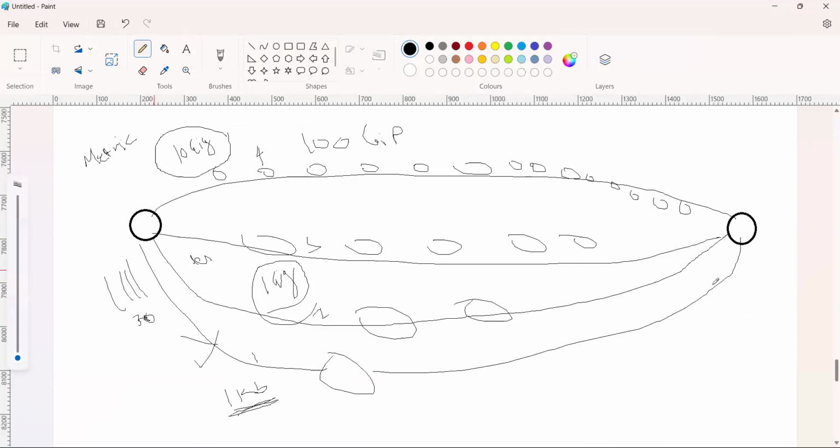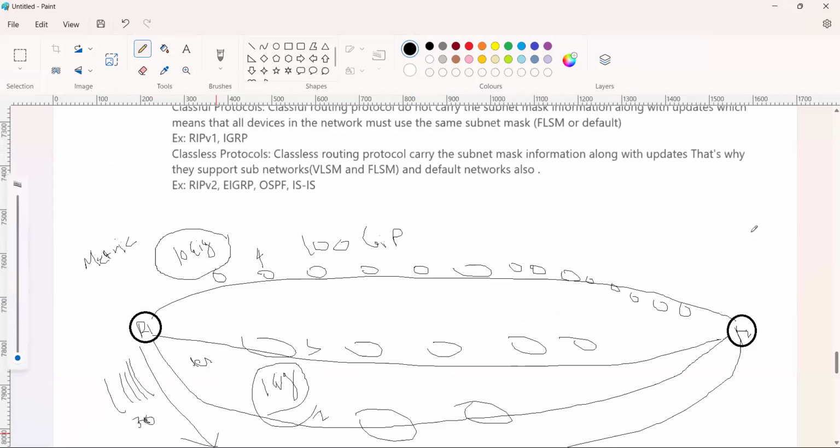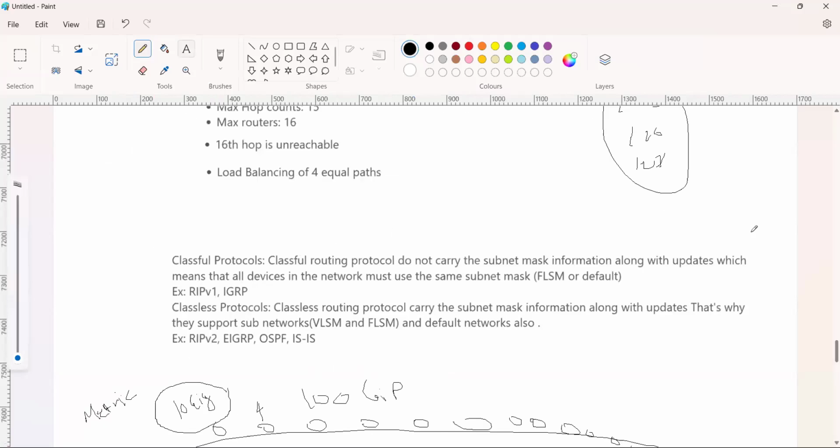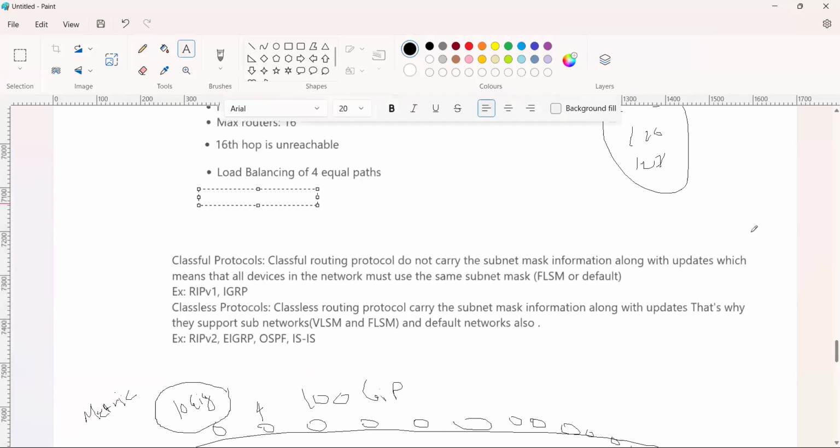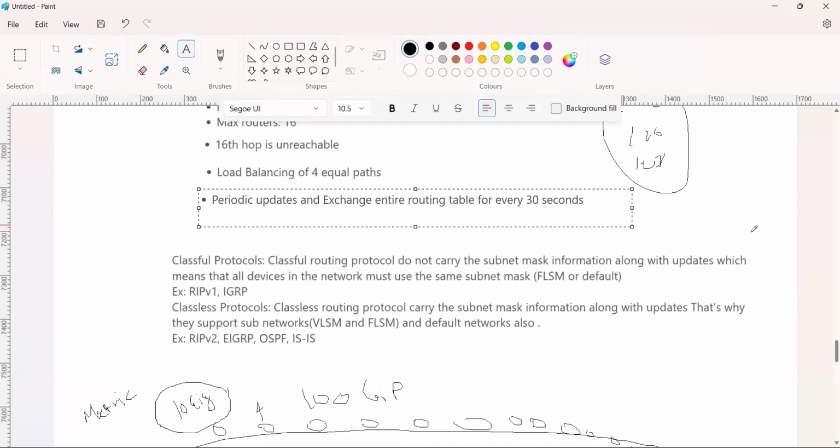Every 30 seconds, from router R1 to R2, routing updates are sent periodically. If any changes occur, at that time also it will be sent. If changes occur, that time it is sending, okay, we can assume.